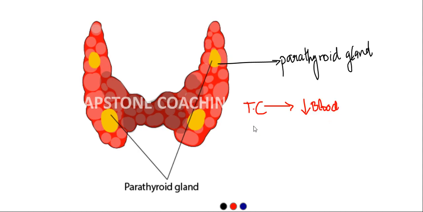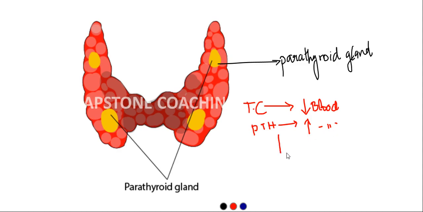However, the parathyroid hormone does the opposite: it increases the levels of calcium in the blood. How does it do it? As I said earlier, thyrocalcitonin prevents resorption of calcium from the bone into the blood, but parathyroid hormone helps in resorption of calcium from the bone into the blood, and ultimately increases the calcium levels of the blood.